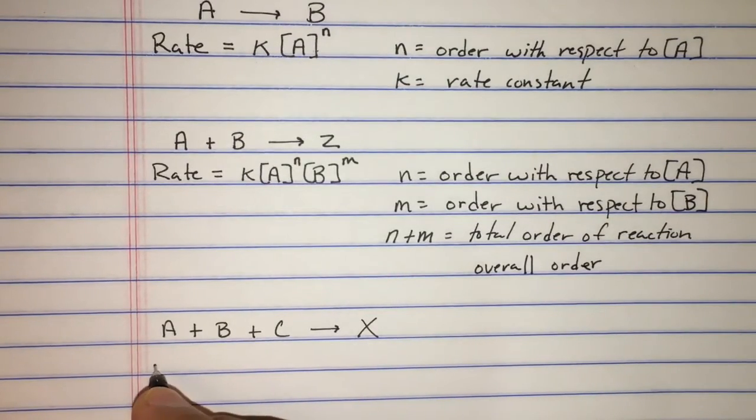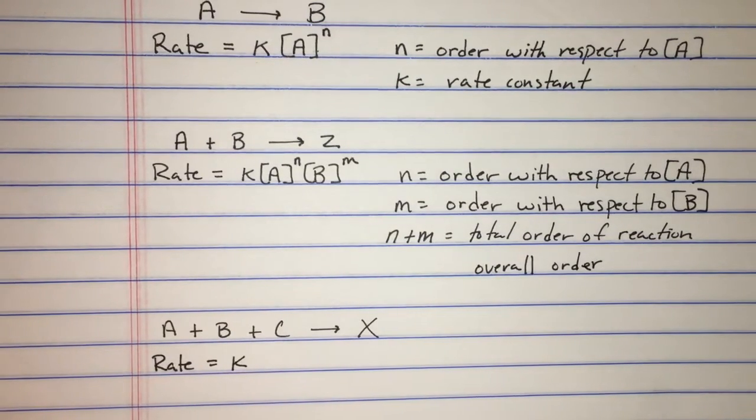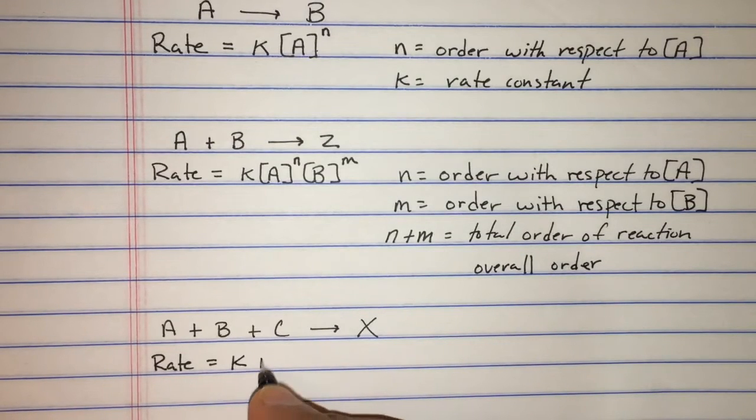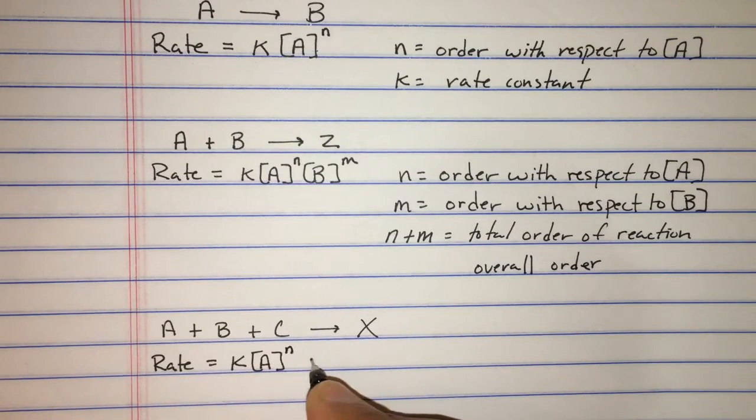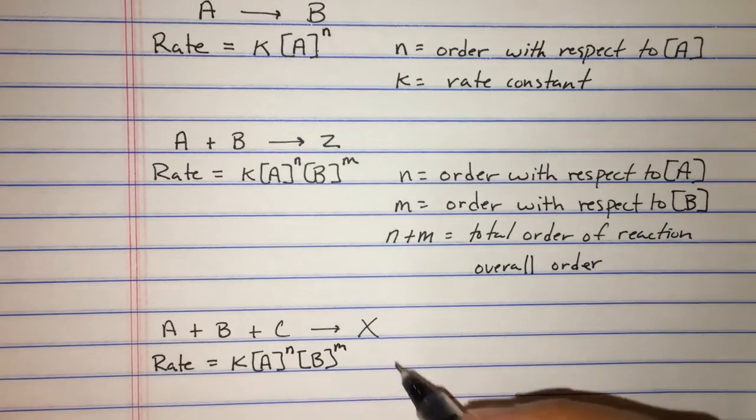So as you would expect, the rate law is the rate is equal to K, concentration of A raised to the N power times the concentration of B raised to the M power.